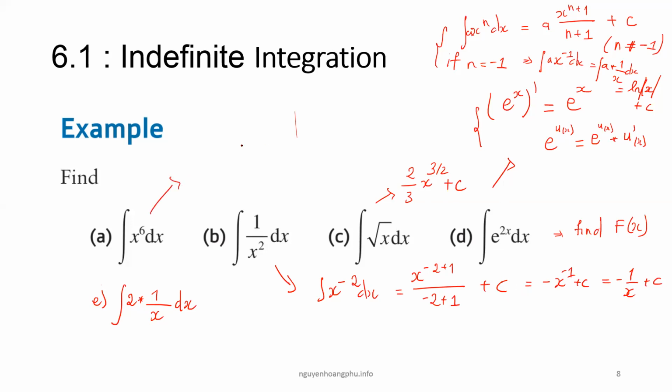Again, for this one it is equal to x^(6+1) divided by 6+1 plus c, right? So x power 7 over 7. For this case, we will have e^(2x) dx. Here you consider u(x) equal to 2x, right?